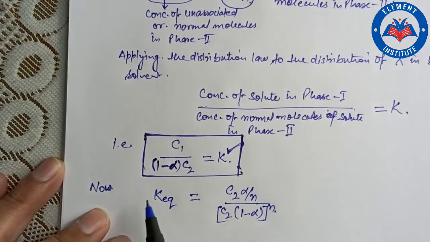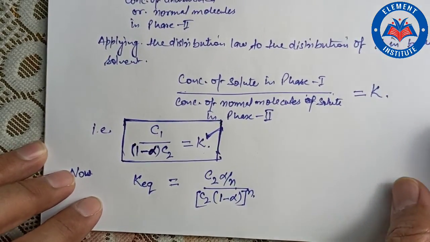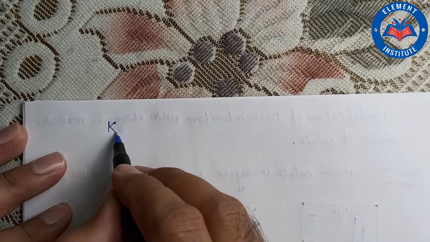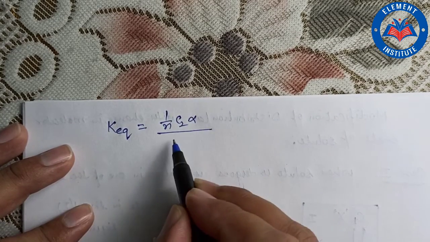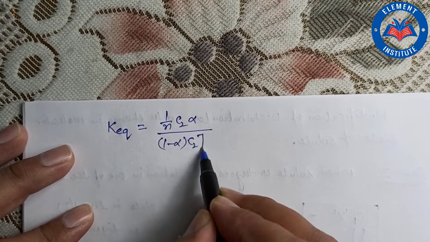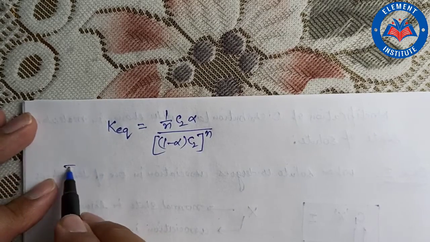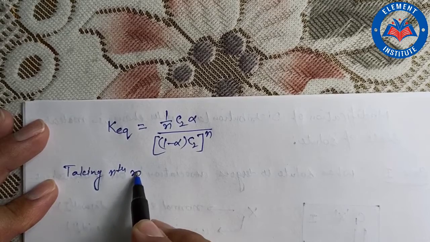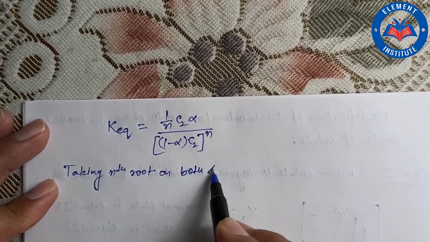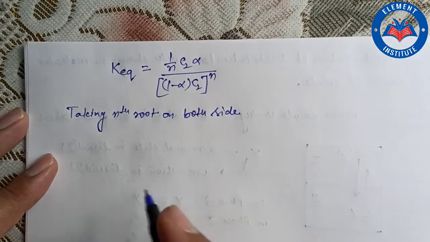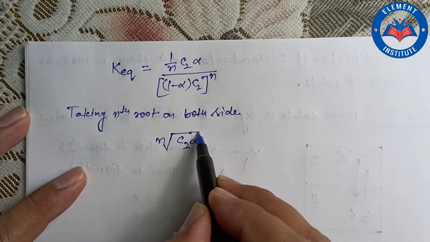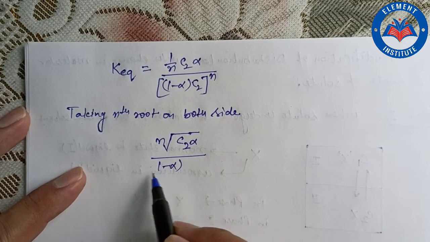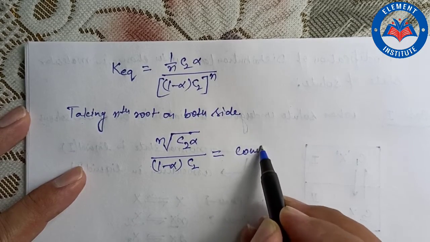Okay. So further, taking the nth root on both sides, we have K equilibrium raised to 1 upon N equal to C2 alpha upon 1 minus alpha C2, and it becomes a constant.